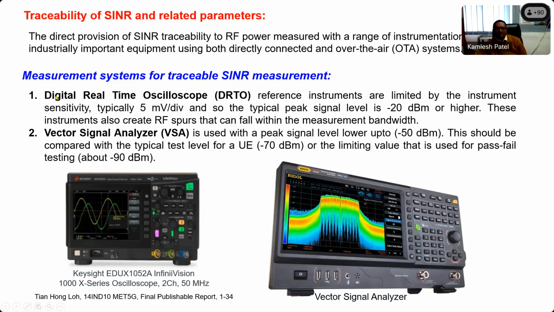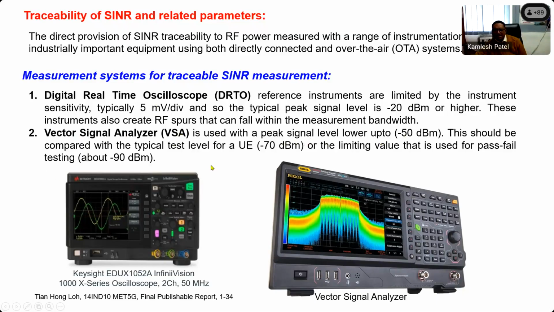There is some limitation with the digital real-time oscilloscope. It is limited by sensitivity and cannot measure very low power. It has a peak signal level of -20 dBm or higher, and it cannot measure less than 5 milliwatt per division. The second instrument is the vector signal analyzer, which is used to measure a peak signal of -50 dBm.